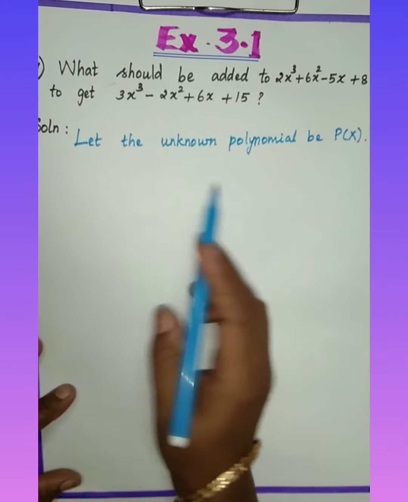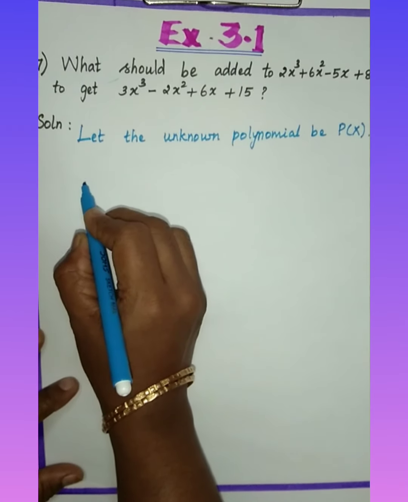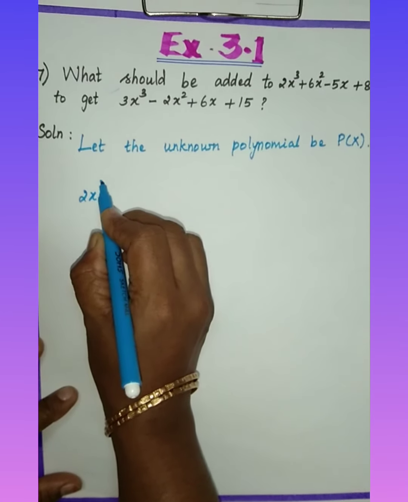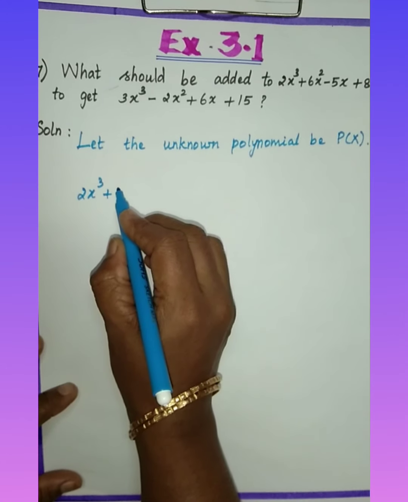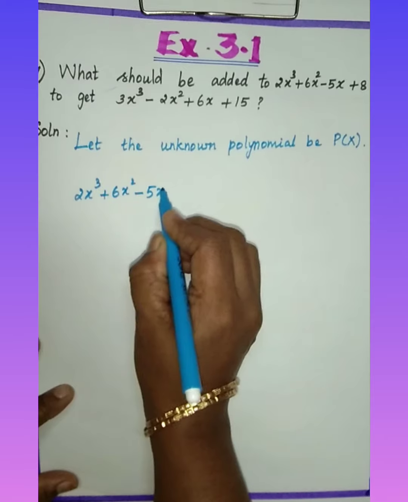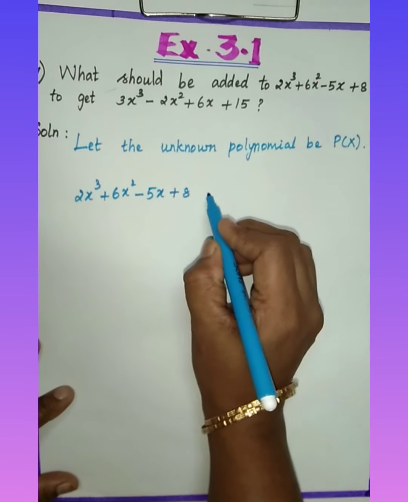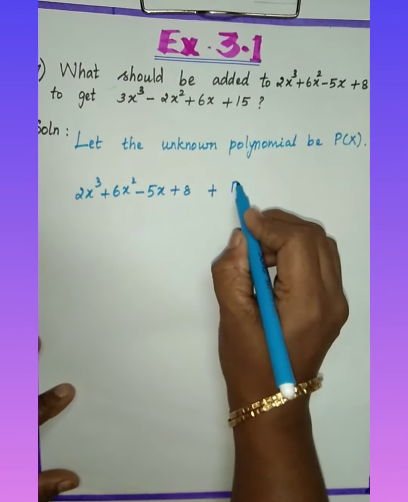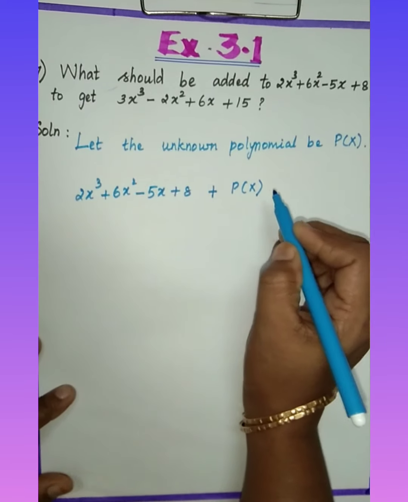Now the question will be 2x power 3 plus 6x square minus 5x plus 8 plus P of x. This is an unknown polynomial.